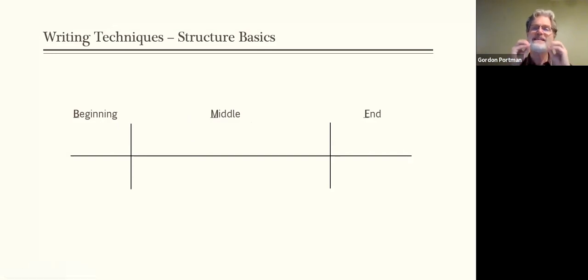Very often things happen in a middle. In a piece of fiction or in a piece of drama, that's where the plot happens. In a piece of nonfiction, the middle is where the challenges or the circumstances or the events that create change in the person that you're writing about, whether it's you or someone that you know, happen to change the life, the identity, the perspective of that person.